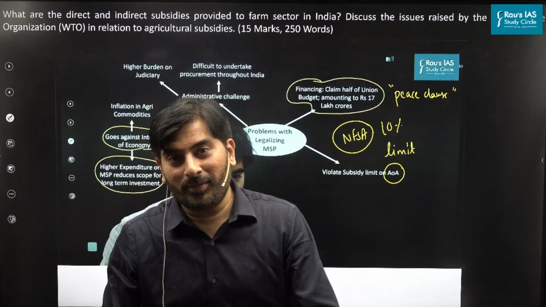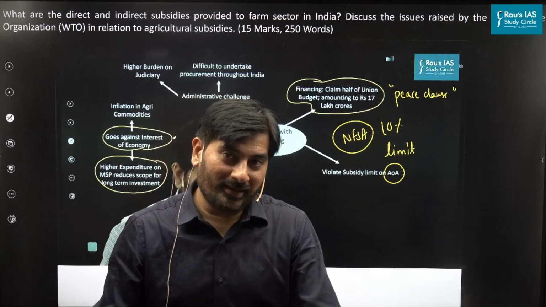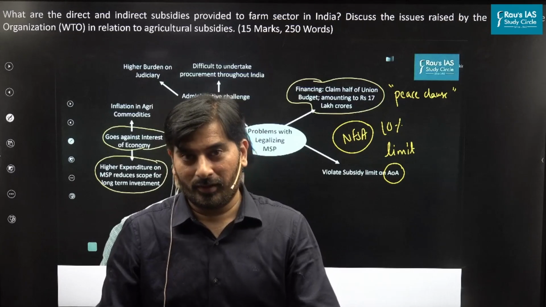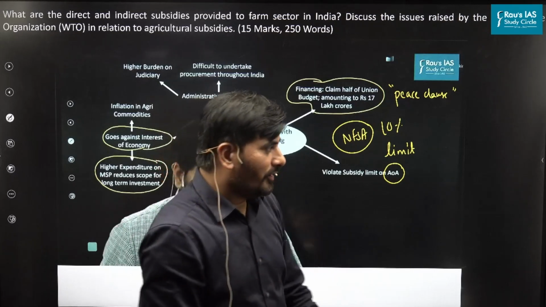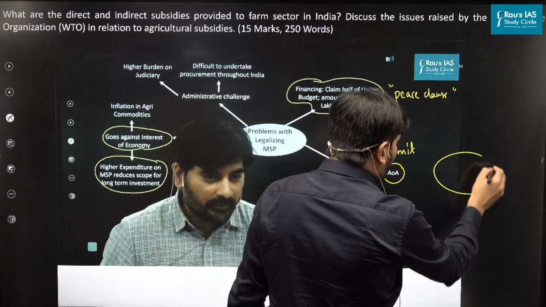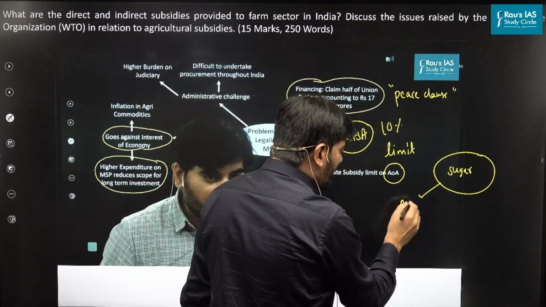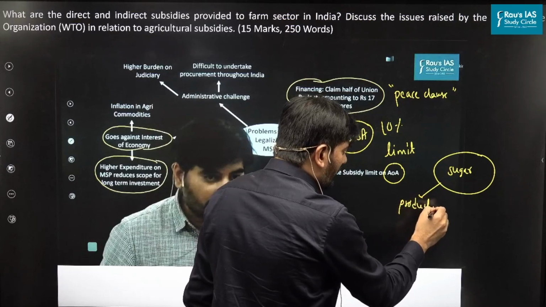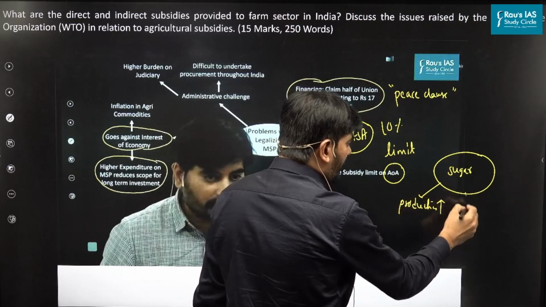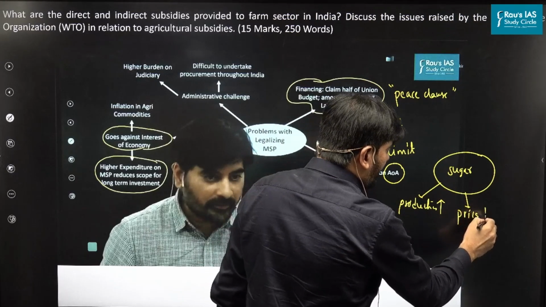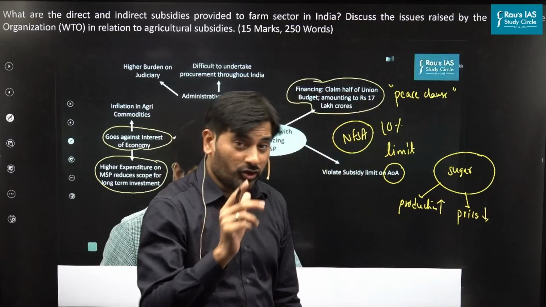Apart from this, there is another issue which WTO has raised. It is with respect to the export subsidies which the Indian government had provided on sugar. So, what was the issue? Around 2 to 3 years back, there was a surplus increase in the production of sugar. Because of the surplus increase in production of sugar, there was a large scale drop in the prices of sugar.